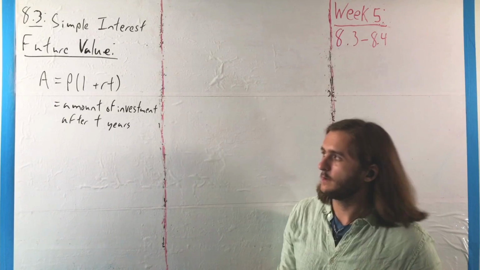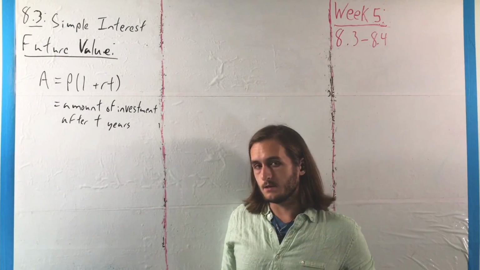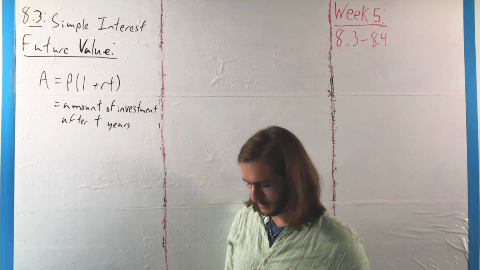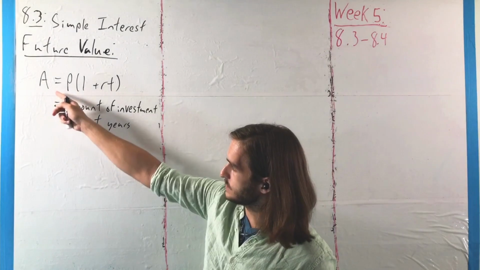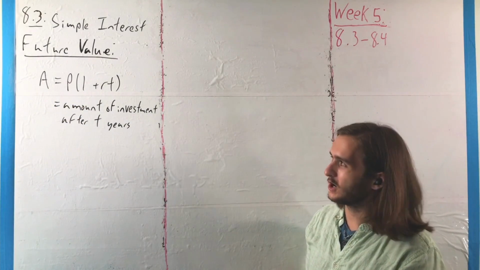And that's the sort of thing we're talking about here with future value, is describing the amount of money that an investment, or a loan for that matter, will be worth some number of years down the line, where we have the formula A for the future value is equal to P times (1 plus RT).